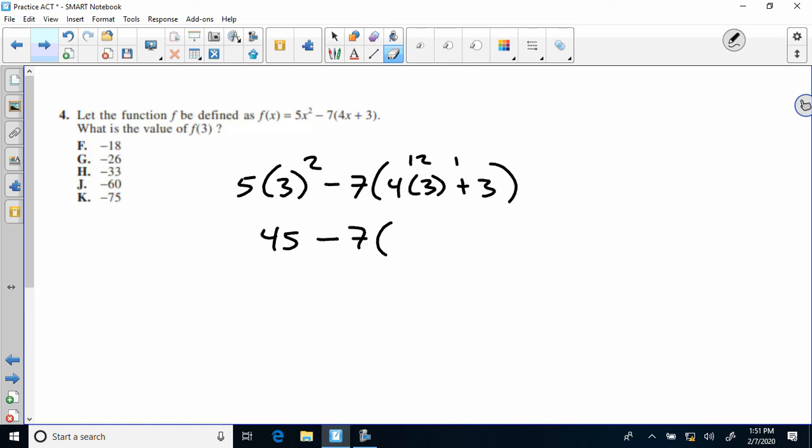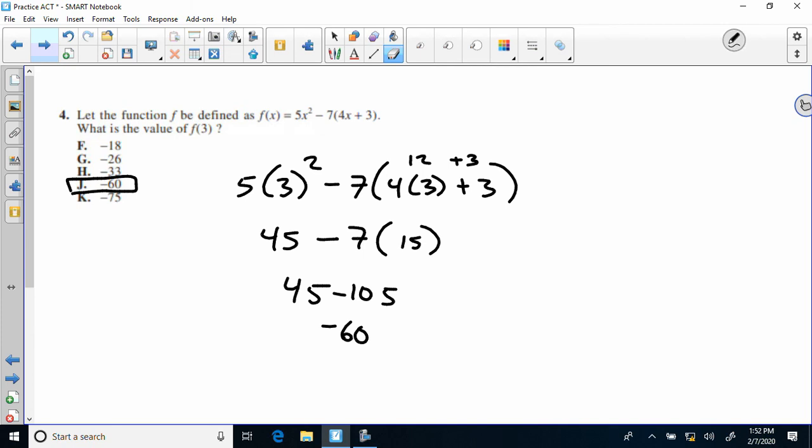And you're going to have a 12 plus 3, which is 15. So you're going to have 45 minus 7 times 15, which is 105. And if we subtract those, you should get something like negative 60. So my answer should have been the letter J, negative 60.